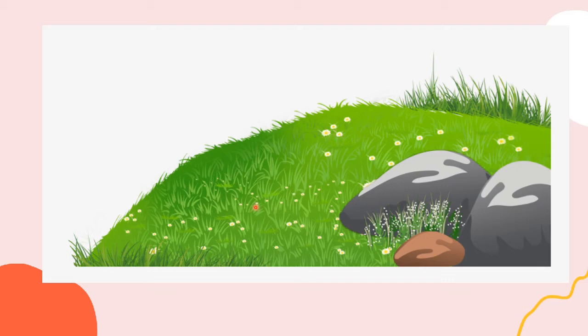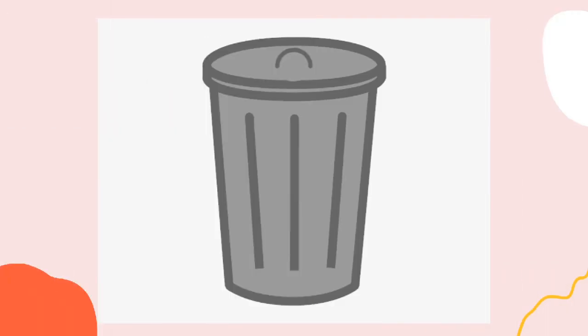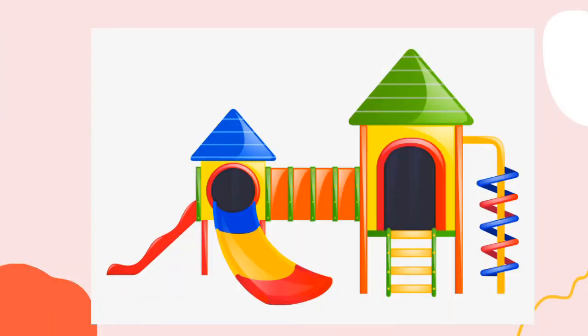I mean the green one. Yeah, brush. You put litter inside the bin, or trash can. Good job. Oh, another one. The last one. What's this? Yep, playground. Okay, nice try.